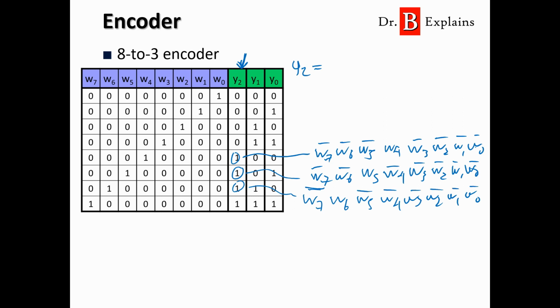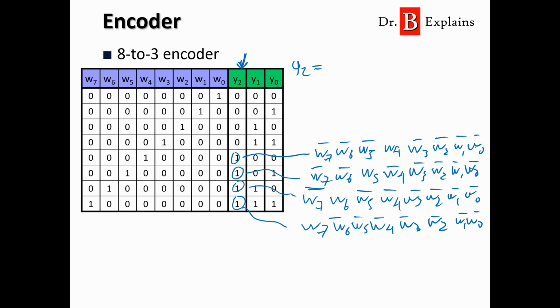Okay, what else? This last one. So you can kind of get the idea. And W6, 5, 4, 3, 2, 1, and 0, and all of them are like that.